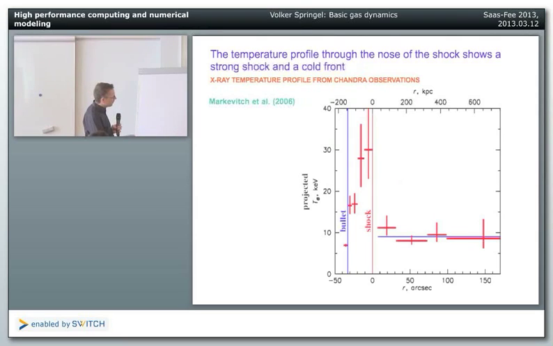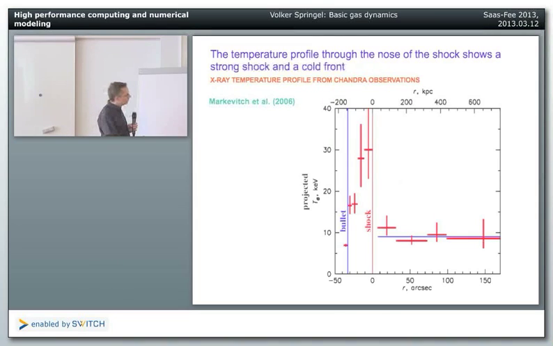For example, you can look at the projected temperature profile through the system, and you see this: ahead of the shock, the temperature in the parent cluster is at this level, a few keV, and then there's a real sharp rise to a very large temperature, and then a decline again to where the bullet is. This one is again cold.